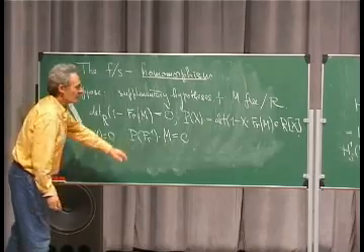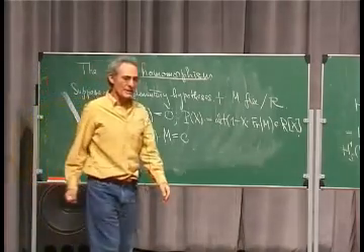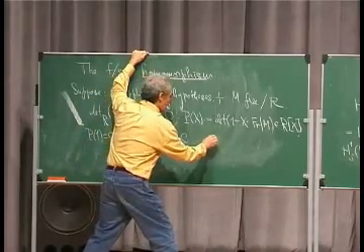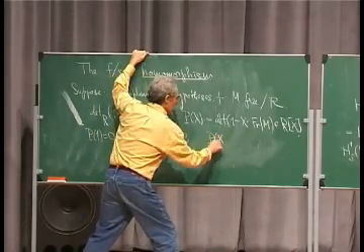Since P of 1 is 0, I can divide by the polynomial x minus 1 in R, and that division is unique.